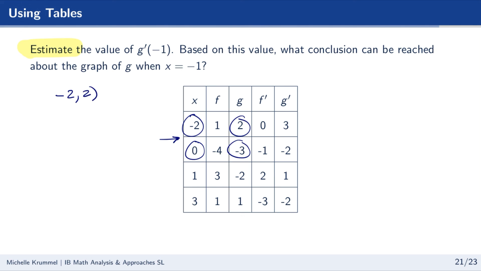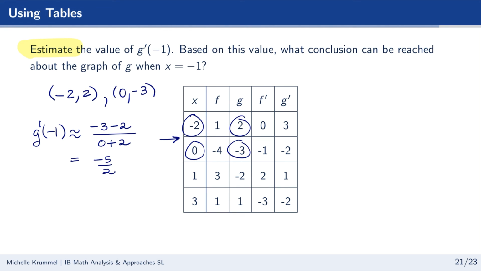So these are the closest two surrounding points. Negative 2, 2, and 0, negative 3. And our central difference, so g prime of negative 1, is approximately, we'll subtract the y values, so negative 3 minus 2 over 0 minus negative 2, or negative 5/2. That's our estimate for the slope.